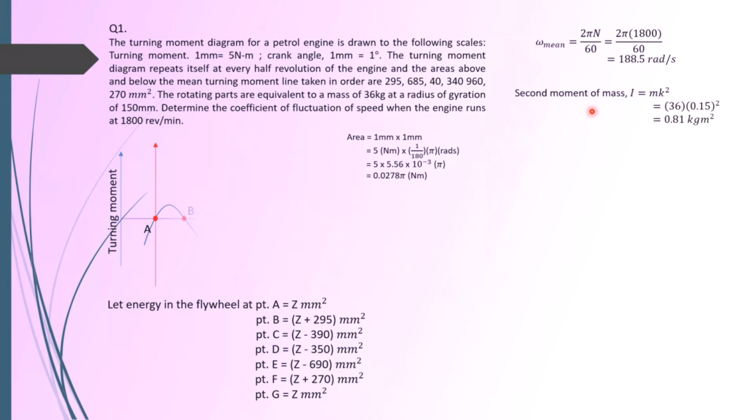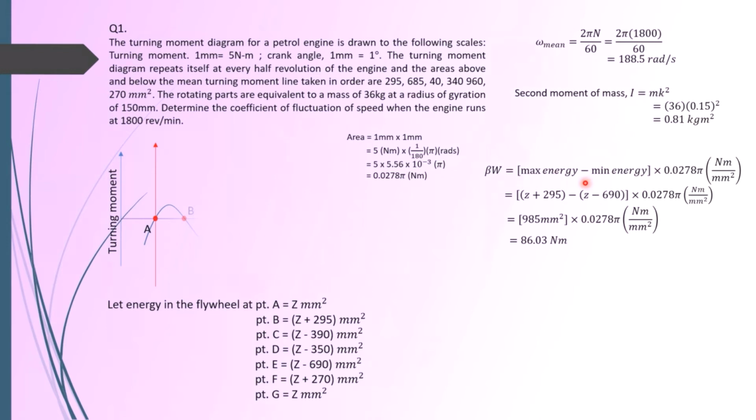For the second moment of mass or the moment of inertia, we have I equals the product of m k squared, where m is the mass and k is the radius of gyration. So you have 36 kg and 0.15 meter, and you have the moment of inertia. The question asks us to find phi, the coefficient of fluctuation of speed. Before that, for delta W, take maximum minus minimum energy, which is in mm squared.